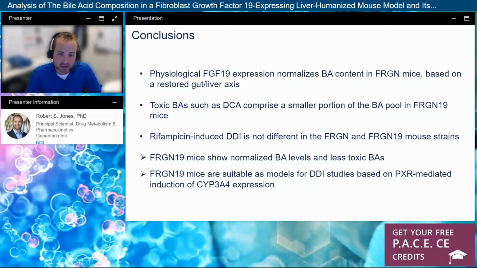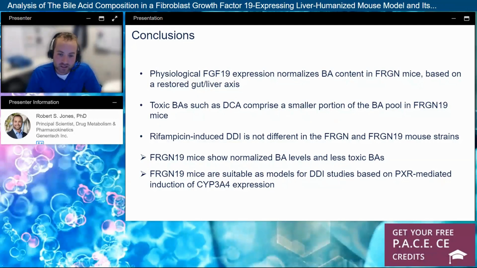In particular, toxic bile acids such as deoxycholic acid or DCA comprise a smaller portion of the bile acid pool in the FRGN19 mice, which suggests that they could potentially be utilized for safety or toxicological studies when looking at human-specific liver tox studies.